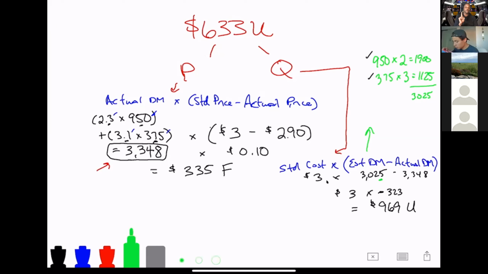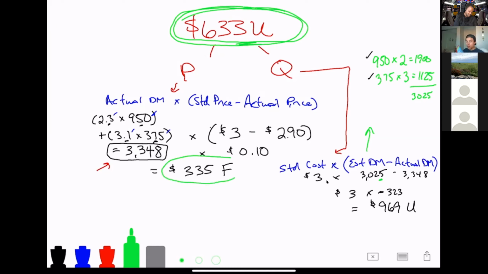All right. So here's why we're doing all this, right? Because as a manager, as an owner, you're kind of upset that you ended up spending $633 more than what you anticipated. Particularly when you produced fewer wheels than you had thought you were going to produce, right? But of that $633, $335 of that was due to price.